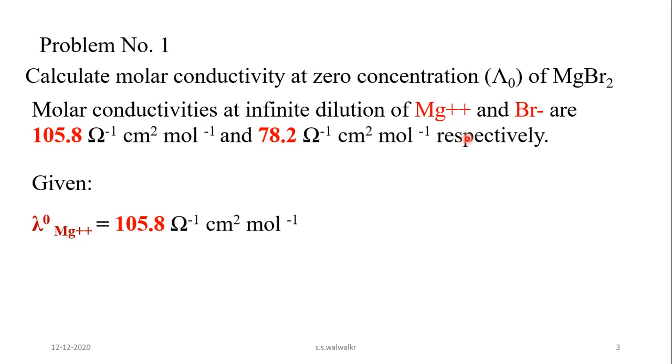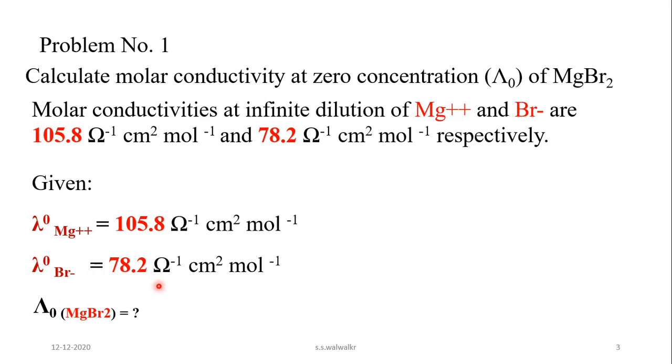So what is given? Molar conductivity at infinite dilution of magnesium ion is 105.8 and the lambda 0 value of bromide ion is 78.2, and we have to calculate lambda 0 of MgBr2.